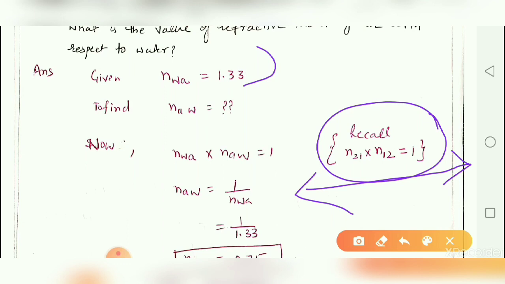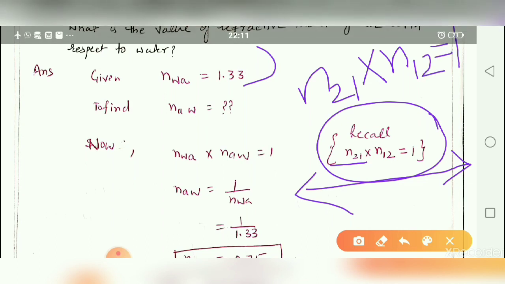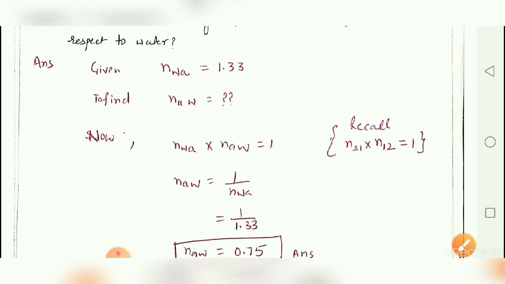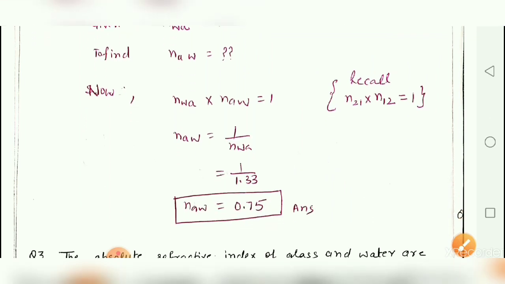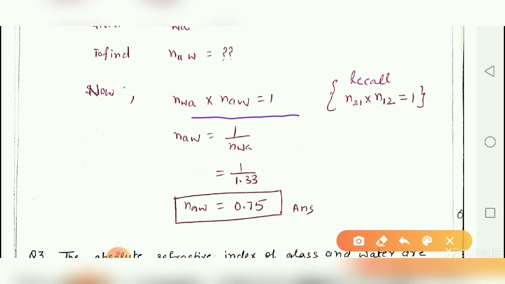If we multiply the refractive index of medium 2 with respect to 1 with the refractive index of medium 1 with respect to 2, the answer will be 1. So we will use this concept here, and by transposition we will get n_aw as 1 upon n_wa.